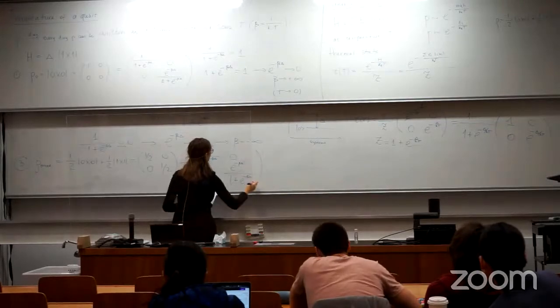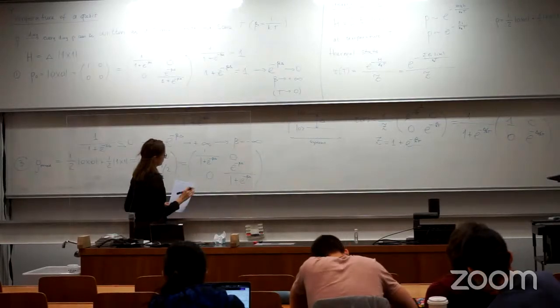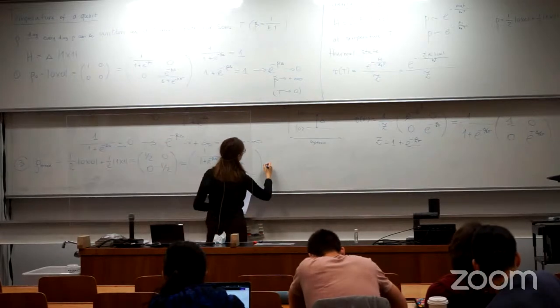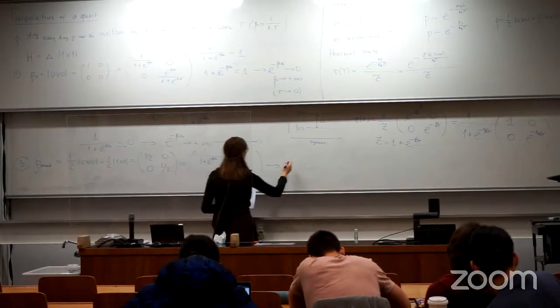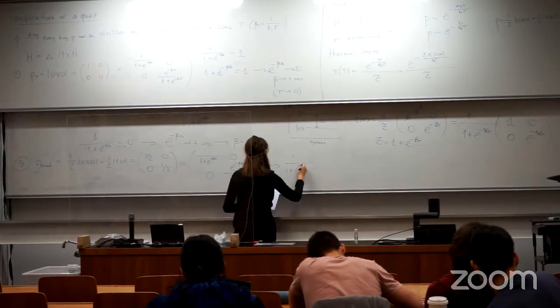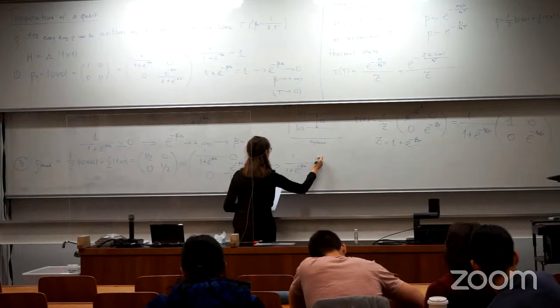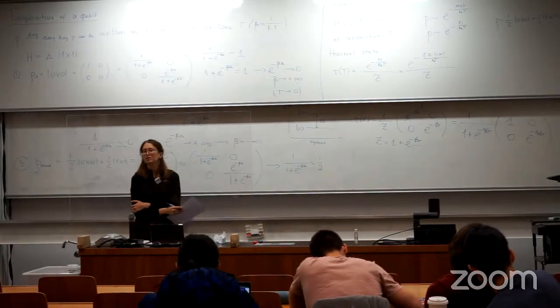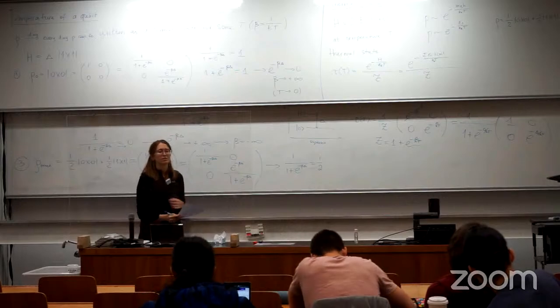And this means that 1/(1 plus e to the power minus beta delta) equals 1/2. What is beta in this case? Yes. So in this case, beta equals 0.